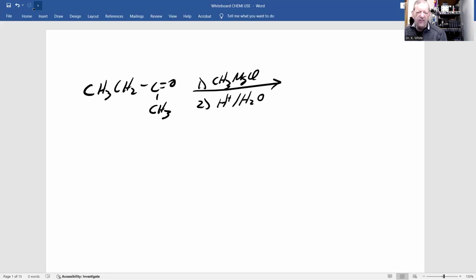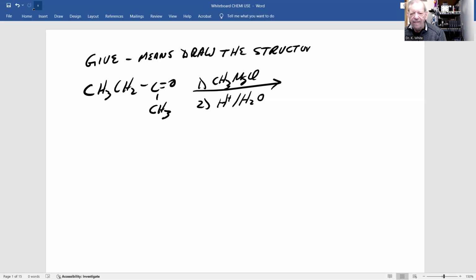By the way, when I say the word give, that means draw the structure. Don't forget that.